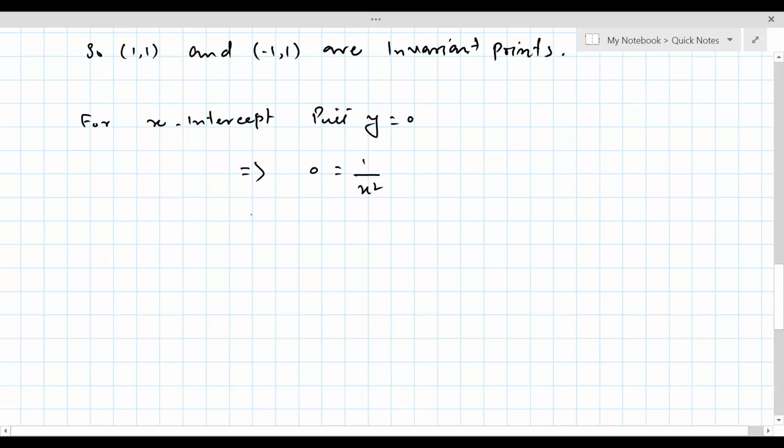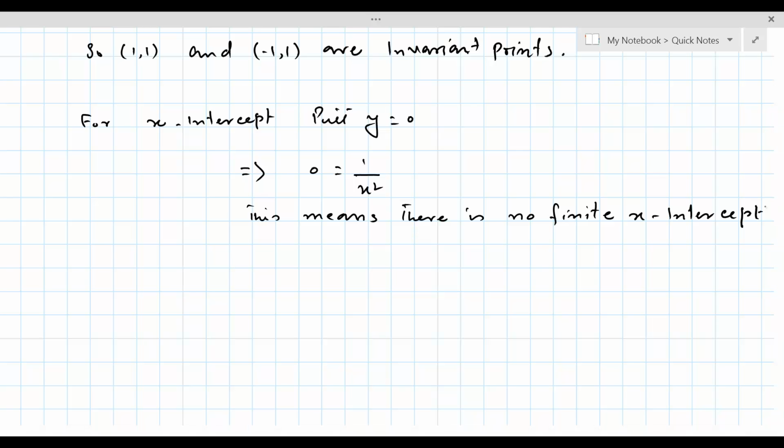This means there is no finite x-intercept, because the only way y could be 0 is if x approaches infinity, and infinity is not a permissible value.